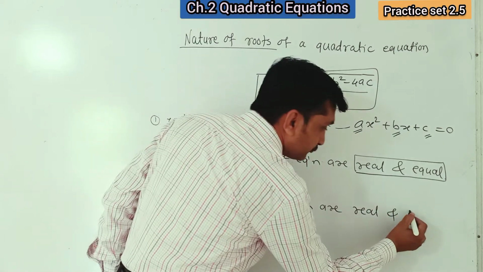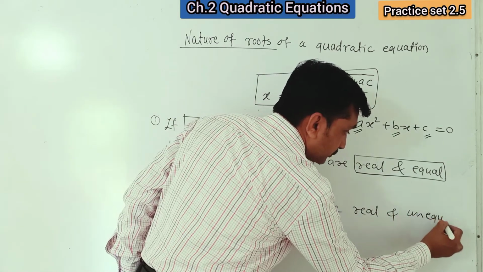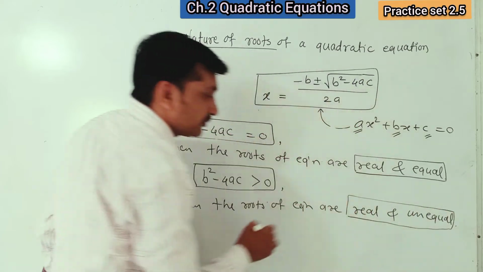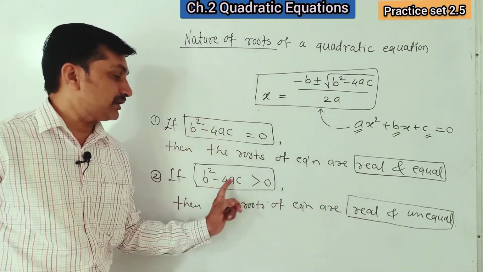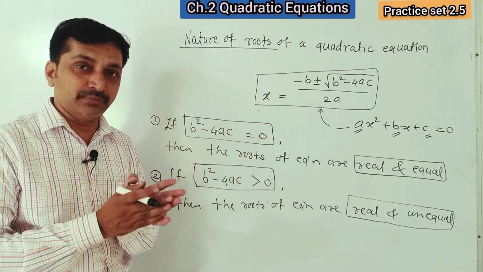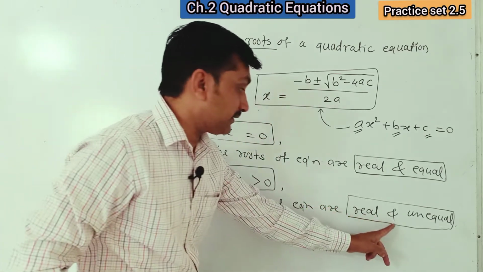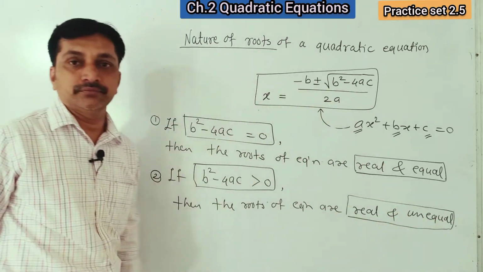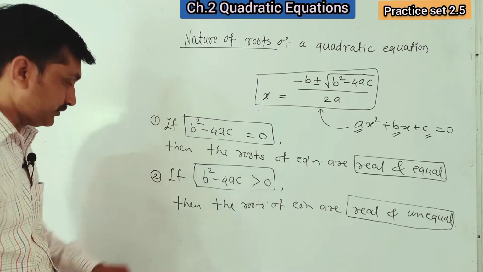That's why unequal. Okay, real and unequal. Why real? Because greater than 0 means 1, 2, 3, 4. These are all real numbers. That's why real. And it is not equal to 0. That's why unequal. Okay, second point.